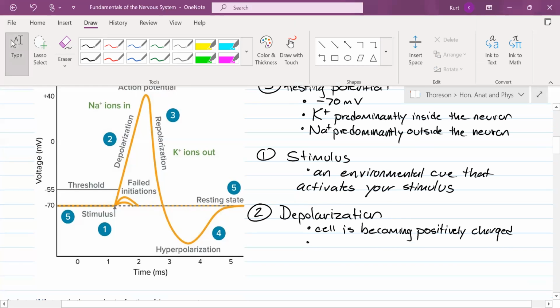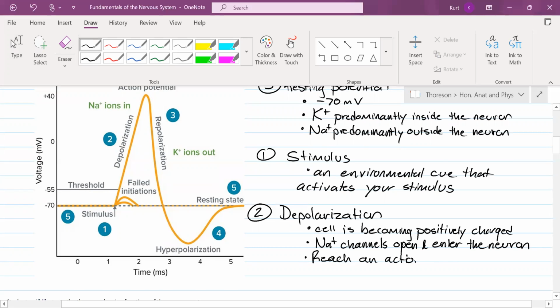You can answer that by looking at the graph. Sodium ion channels open and sodium enters the neuron. And eventually you reach an action potential. What is the millivoltage of an action potential? It's about positive 40 millivolts.